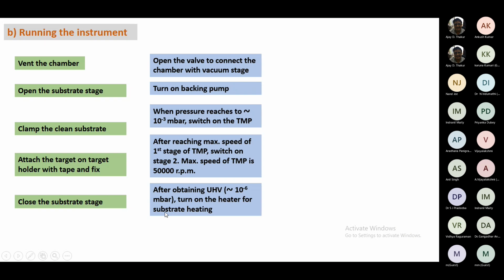After that, we'll turn off the stage 2 of the turbomolecular pump again, and it will attend to stage 1 before deposition, because if the stage 2 is on, the vacuum will be very high and we cannot control the O2 gas pressure by this gas flow meter for a sustainable time, or you can say for a long time.